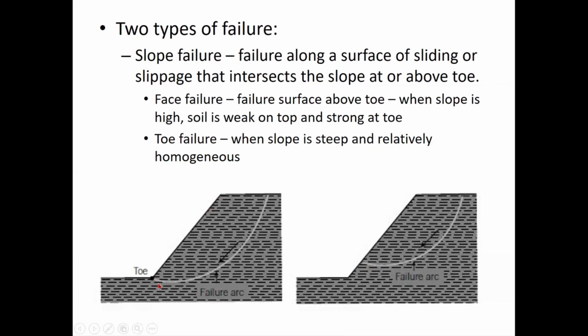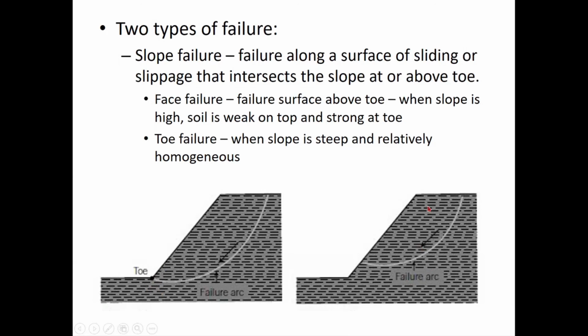As you can see here, the critical failure surface is intersecting at the toe or above the toe. All right, so if it intersects above the toe, you call it a face failure. That means failure occurs along the face of the slope, as you can see here in the second image. And if the failure surface intersects the toe, you can say that the failure occurs at the toe, and you call that failure a toe failure. Again, it happens along the face of the slope.